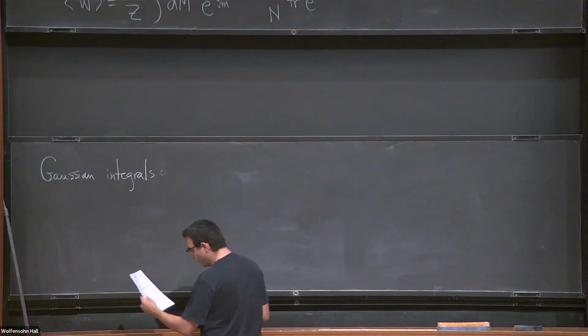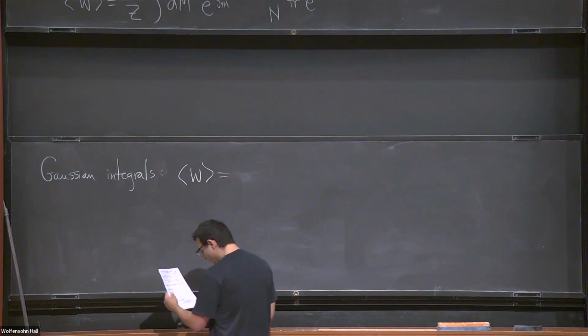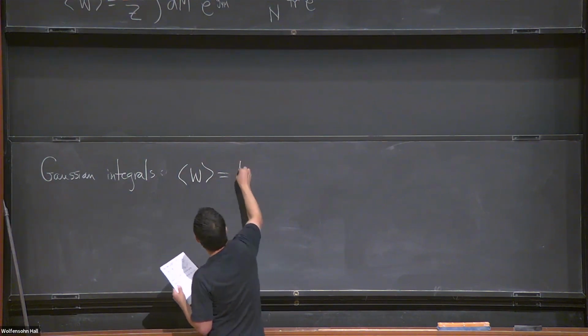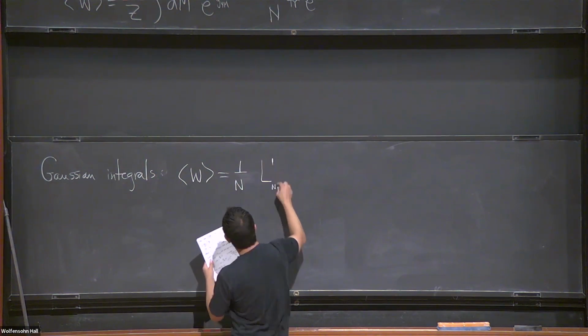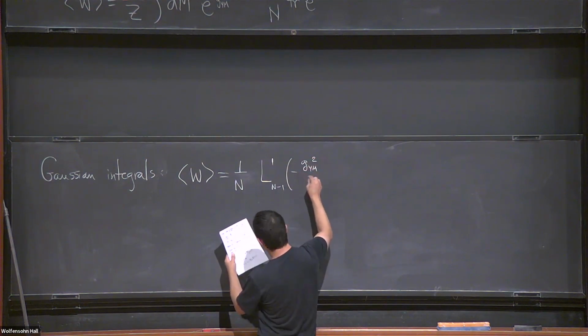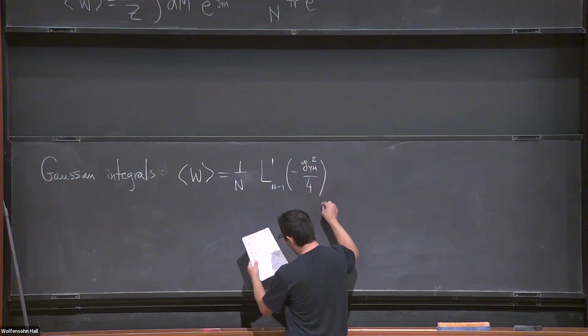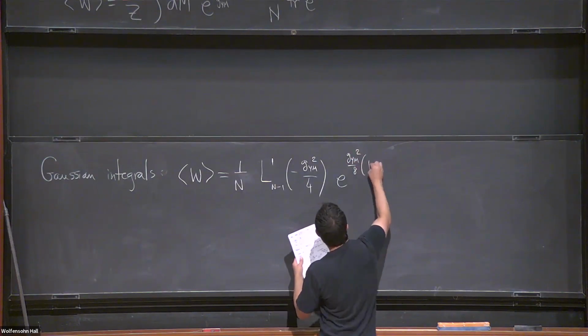And the answer is known for all g Yang-Mills and all N. I can write it down. I'm not going to prove it. It's 1 over N times the Laguerre polynomial N minus 1 of minus g Yang-Mills squared over 4. And for SU(N), it's e to the g Yang-Mills squared over 8 times 1 minus 1 over N.